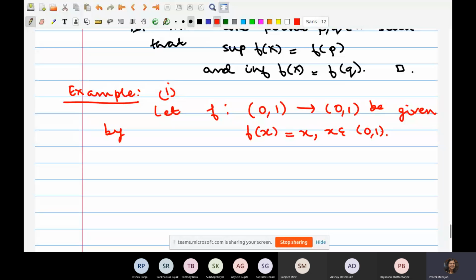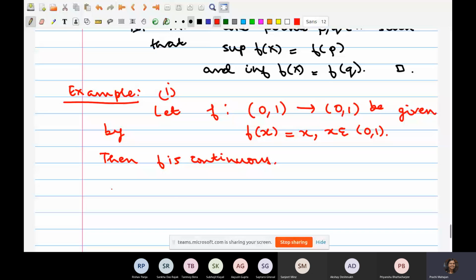For each point in the open interval 0, 1, clearly f is continuous in this example. There is no ambiguity about that.